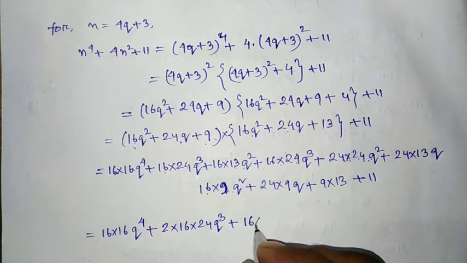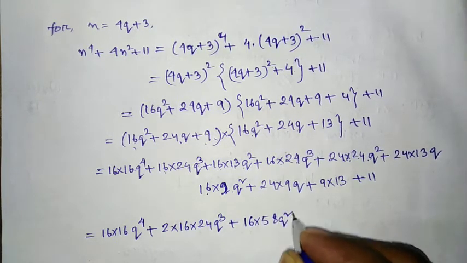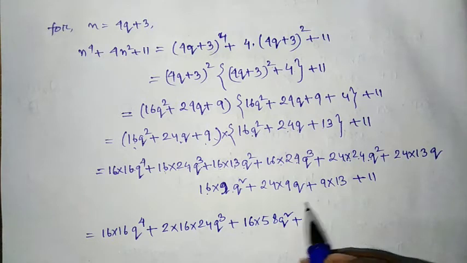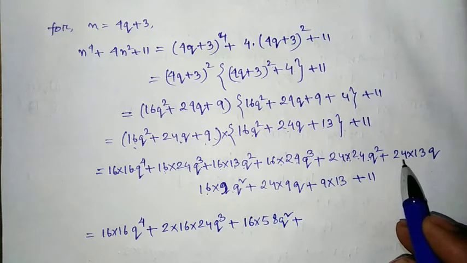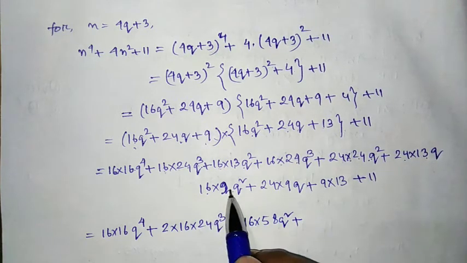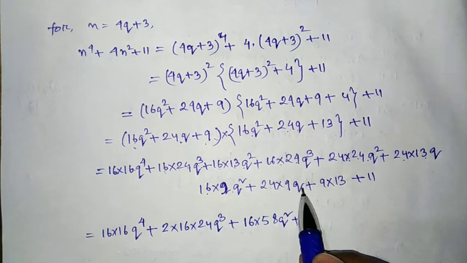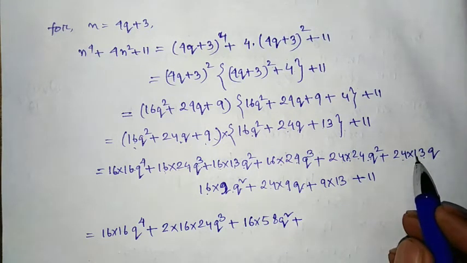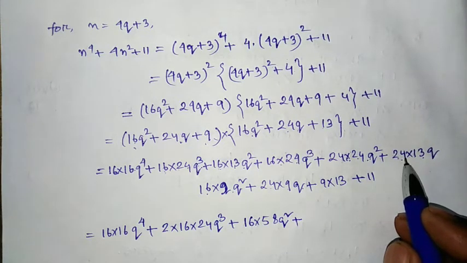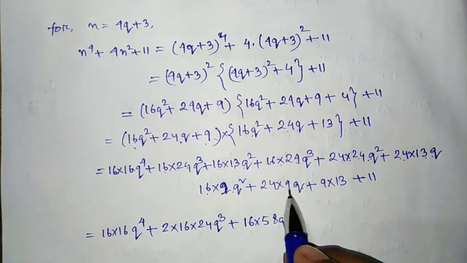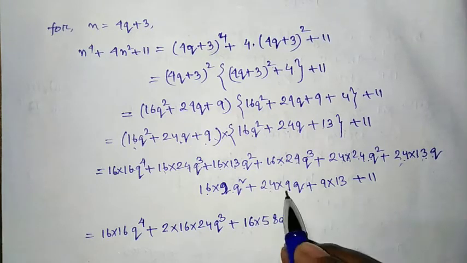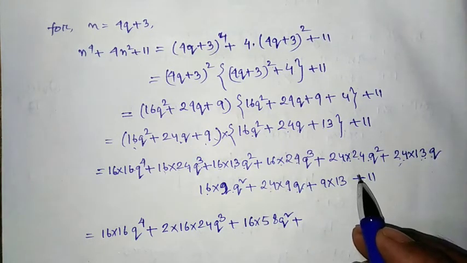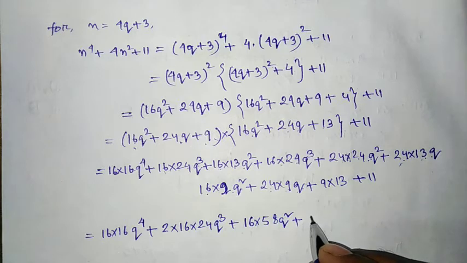Then q square terms: 16 into 13 q square, 24 into 24 q square, and 16 into 9 q square. If we add these all numbers, let me calculate, we get 928 q square, and 928 q square can be written as 16 into 58 q square.